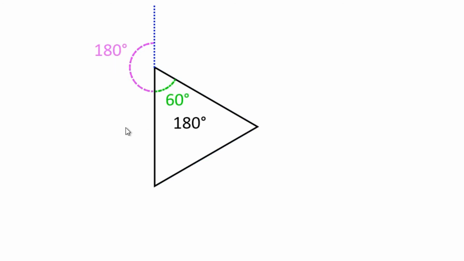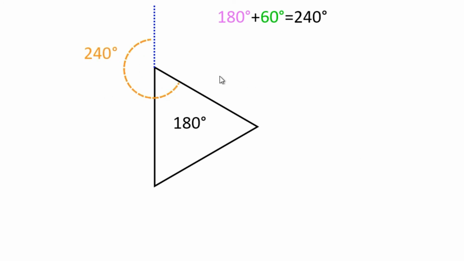So to do that, we can add the two of them together. So 180 plus 60 is 240 degrees. To make things a little bit easier to see, I'm going to remove these and just replace it with that one angle. So now we have our 240 degrees there.